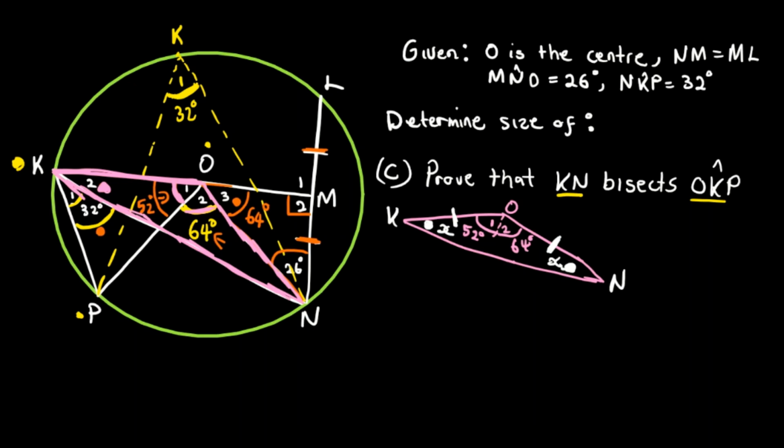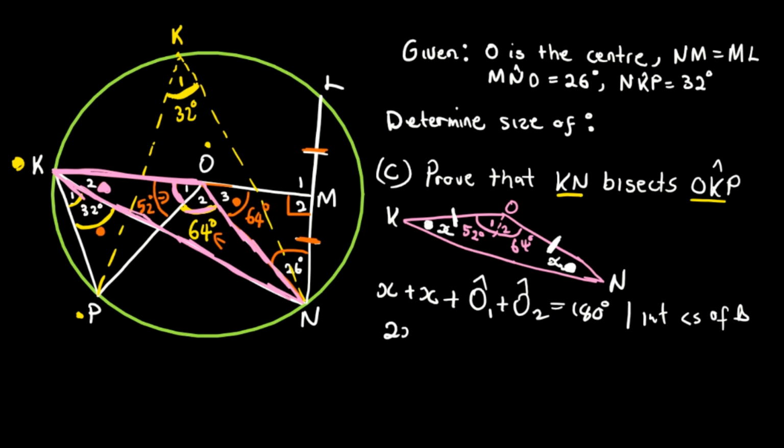So we're going to have x plus x plus angle O1 plus angle O2 is equal to 180 degrees. The reason is the sum of the interior angles of a triangle.